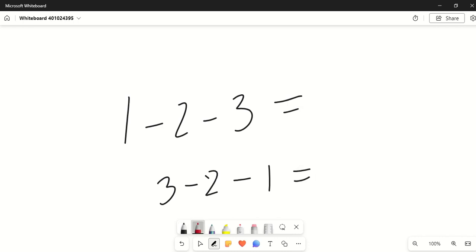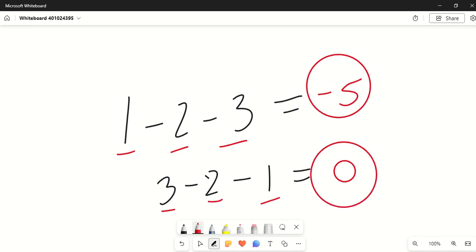Let's do the bottom one. 3 minus 2 would be 1, minus 1 would be 0. 1 minus 2 would be negative 2, minus 3 would be negative 5. These are two completely different answers. Therefore, that property is not true. A property is a statement about numbers that is true. The commutative property, the order in which we subtract, does matter. So this is not true.